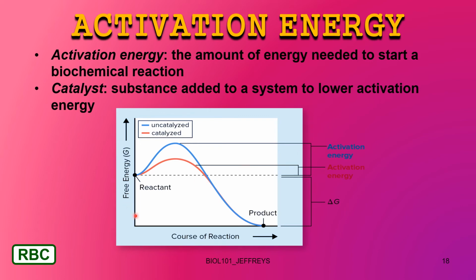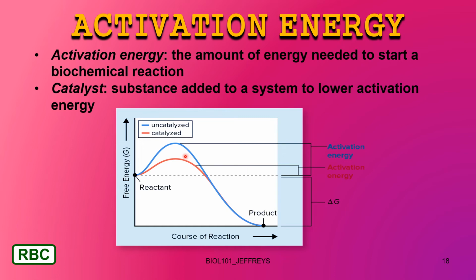So here is your little graph, with Gibbs free energy on this side and the course of the reaction going to the right. In an uncatalyzed reaction, that's the little blue line here, we start out at this level, whatever it is, and we don't really care what this number is at this point. To digest your hamburger, we have to add energy to the system because it's endergonic, and eventually we'll get to the point where the reaction can occur and we can digest the hamburger.